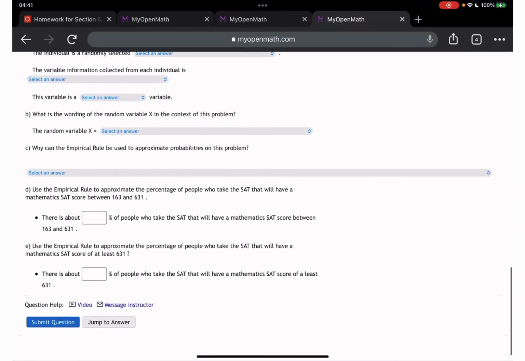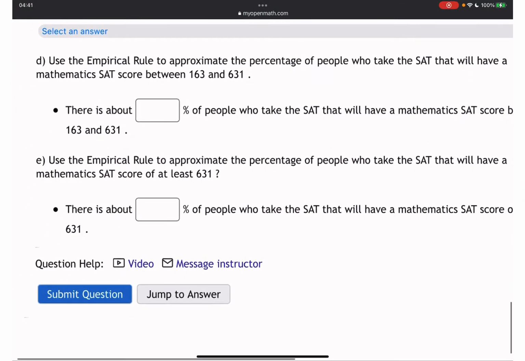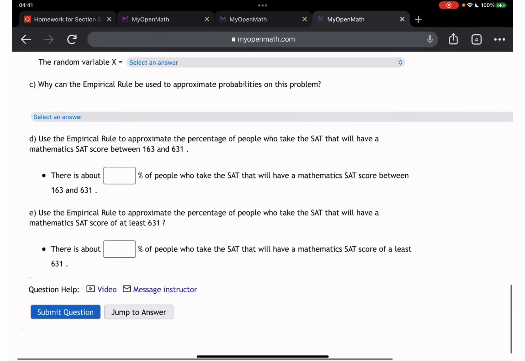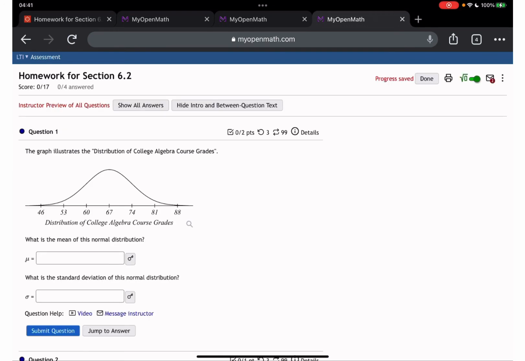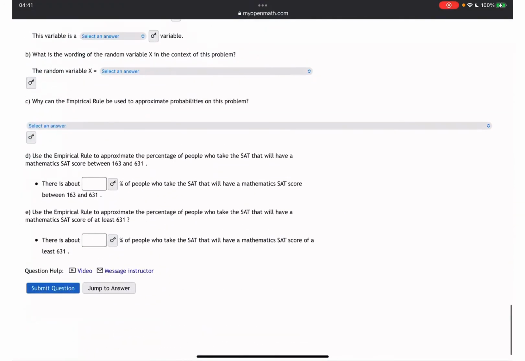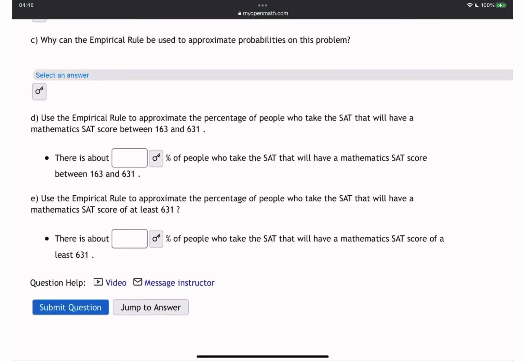Let's go to the very last one, this one. Or let me take a teacher's preview, so we can open only the teacher preview. It's not a big deal. So use empirical, I'm going to do E, the one that I believe is going to cause some trouble with students.